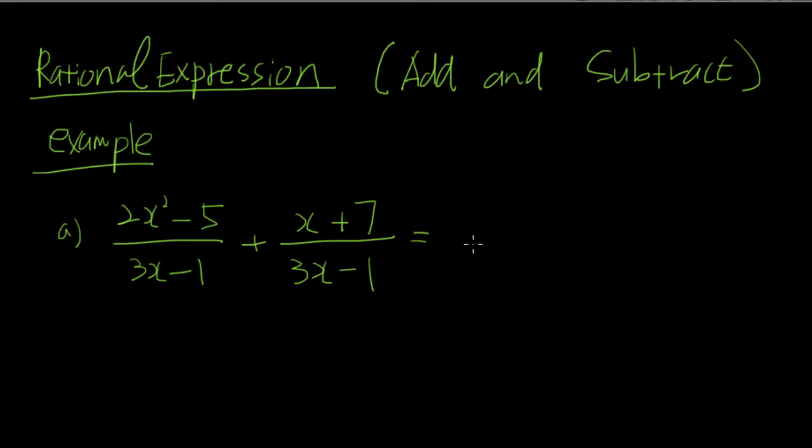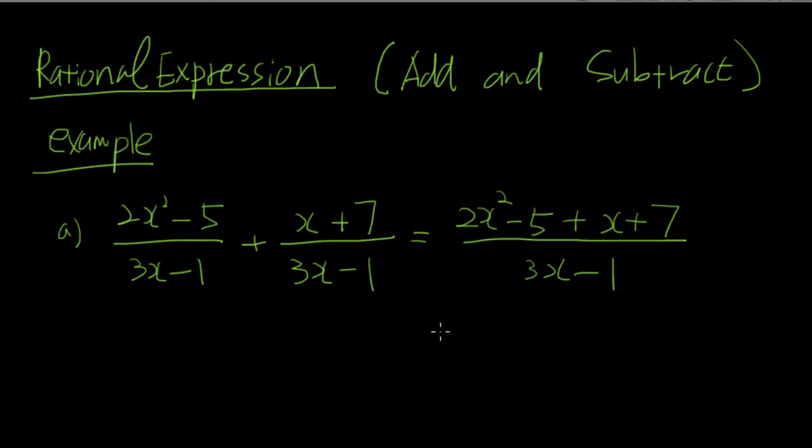If that's the case, what we really need to do is just combine these two and treat this as 2x squared minus 5 plus x plus 7, just like that.